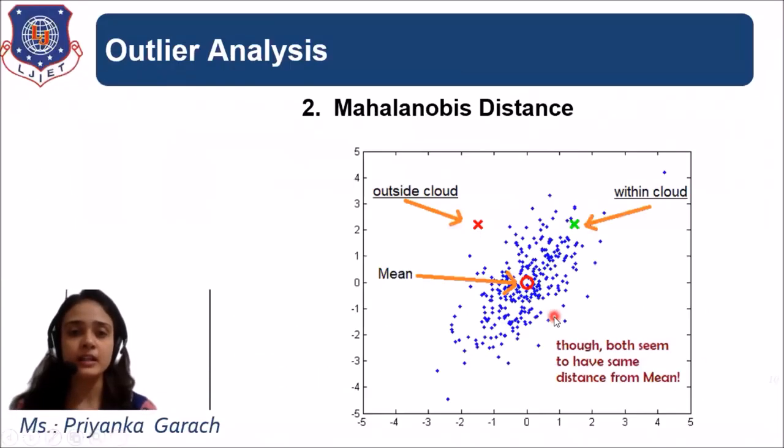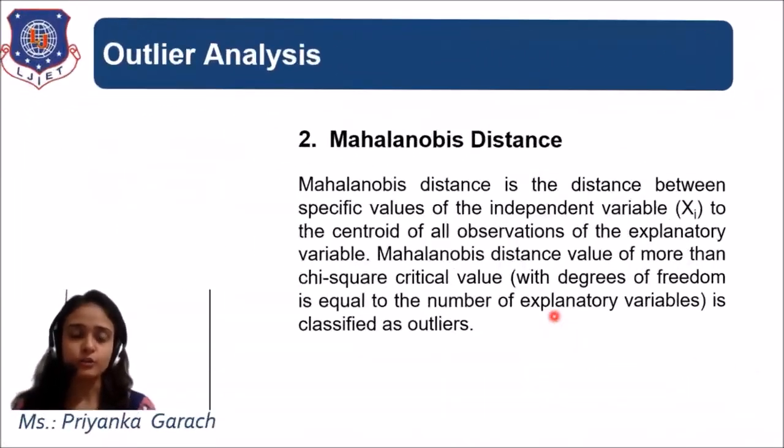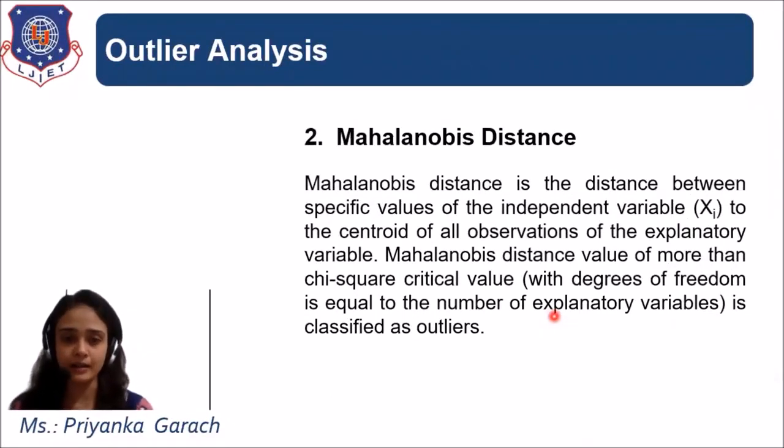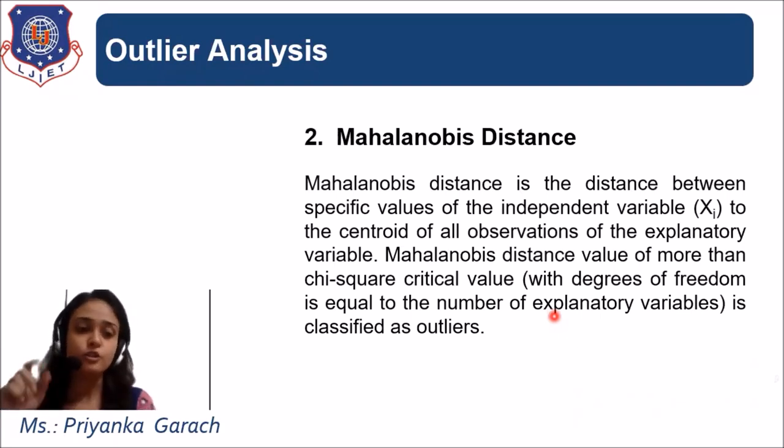The next one is the Mahalanobis distance. What the Mahalanobis distance is telling is that it is the distance between a specific value of the independent variable, that is xi, and the centroid of all the observations of an explanatory variable. Just observe this definition very carefully, that we are talking about the x variable only.